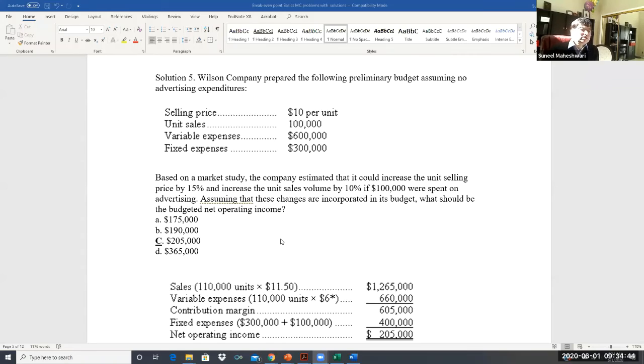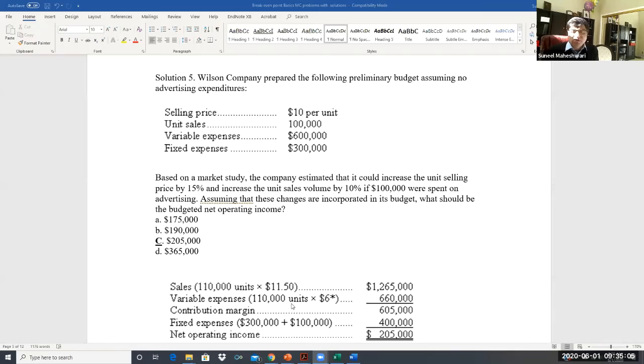So we are saying, this is our basic data. Selling price is $10. What happens if the selling price increases by 15%? That means the new selling price is $11.50. And the sales volume increases by 10%. So 100,000 was the original sales volume.